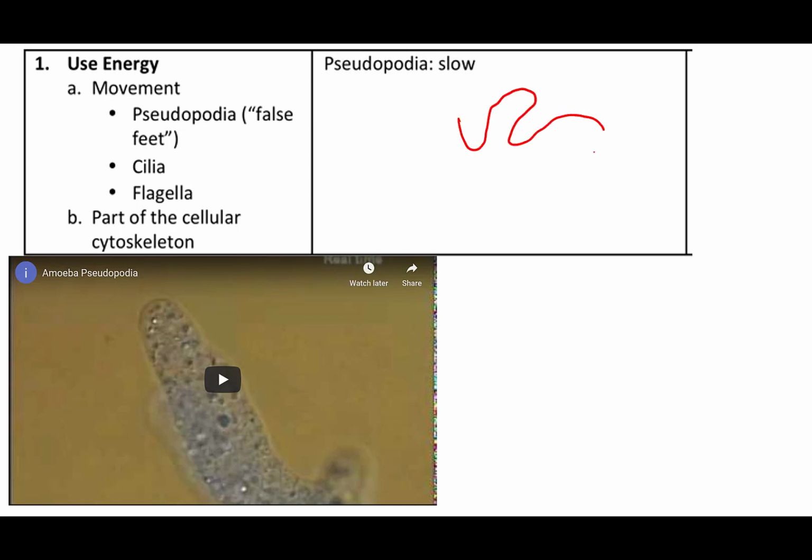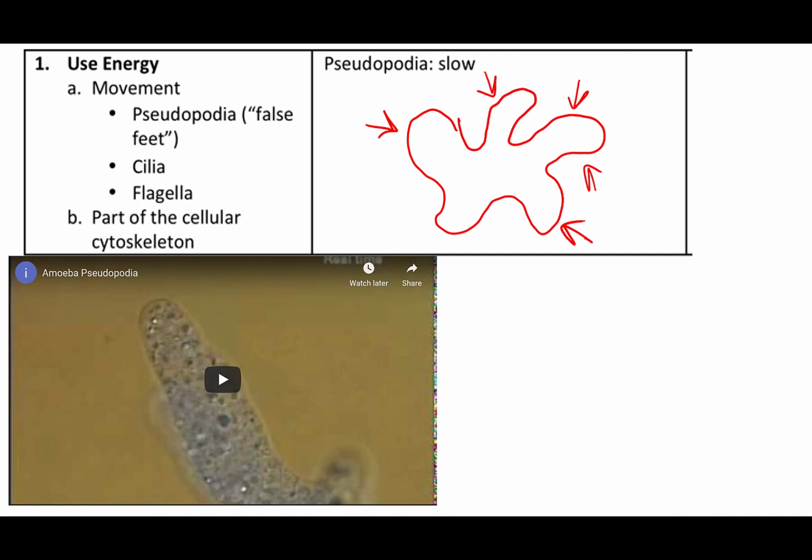If you draw an amoeba here, those pseudopods are these finger-like extensions here. There's a couple of mechanisms it uses to get the pseudopod finger to actually move.